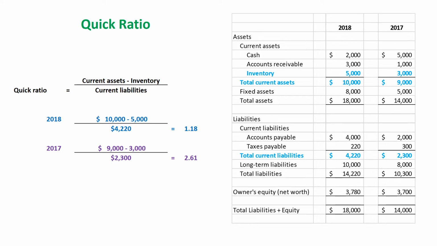The quick ratios in this example are 2017, $9,000 minus $3,000 over $2,300 equals 2.61. In 2018, $10,000 minus $5,000 over $4,220 equals 1.18.